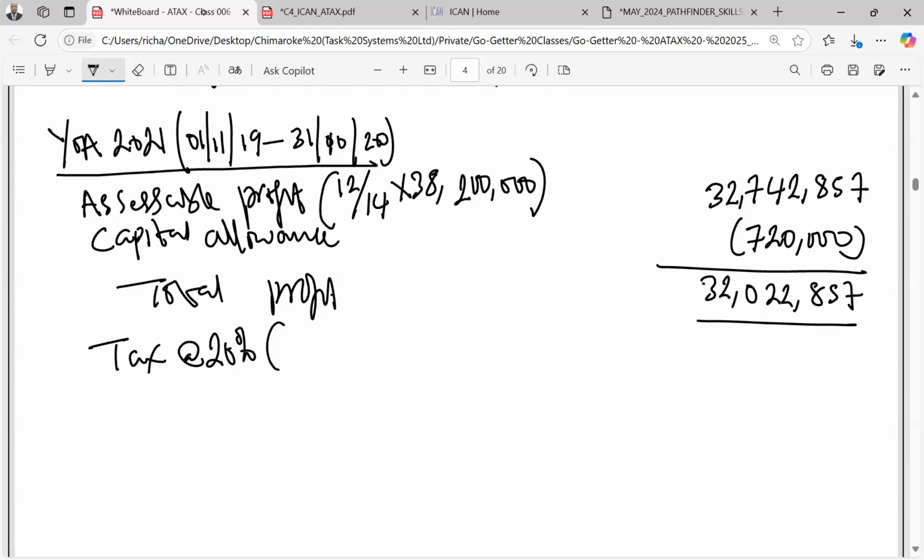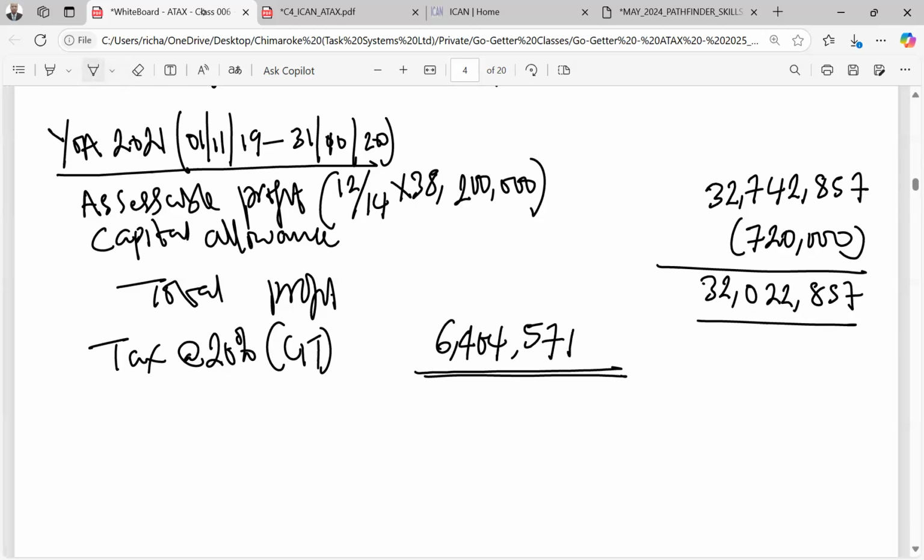So can you find the 20% of this figure? 6,404,571.4, that's fine. Okay, so that's for 2021.